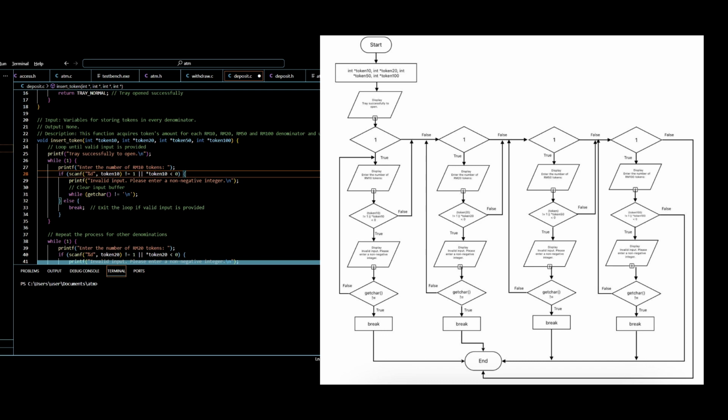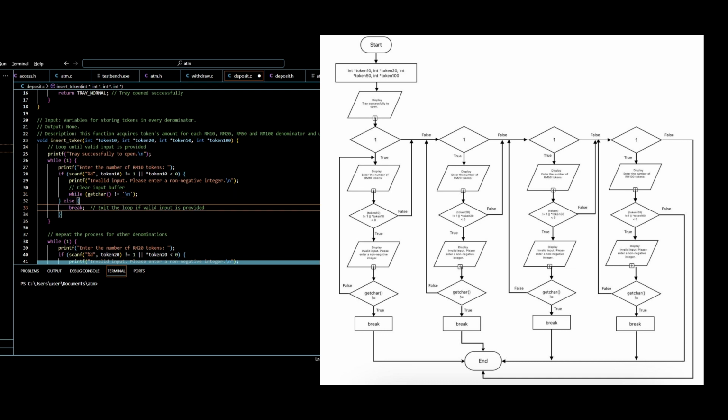Then printf "Invalid input, please enter a non-negative integer" prints an error message if the input is invalid. For while getchar() != '\n', this clears the input buffer to handle invalid input. For the break, exit the loop if valid input is provided.